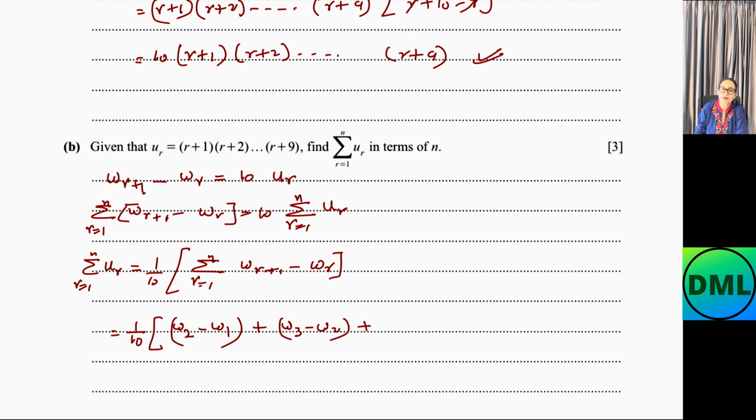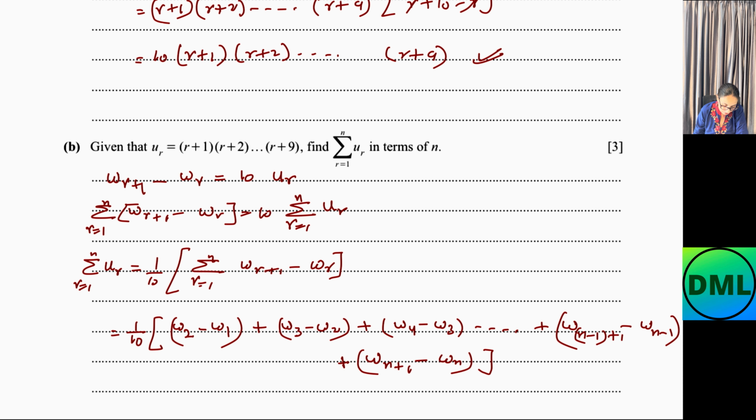Then if I put 3, that will be W4 minus W3, and so on till N minus 1, which gives W_N minus W_(N-1). Then R equals N will be W_(N+1) minus W_N. These are all the values you will receive.